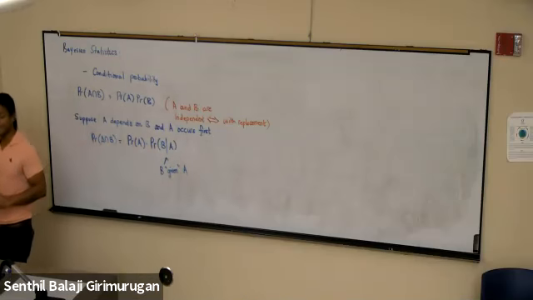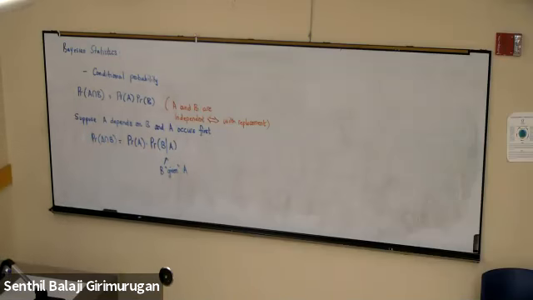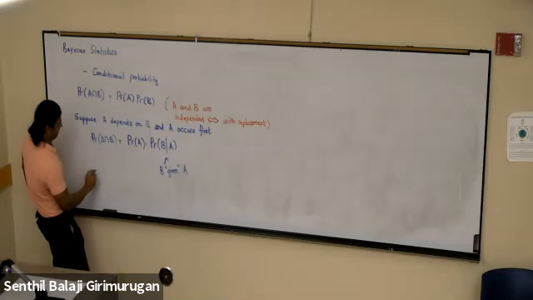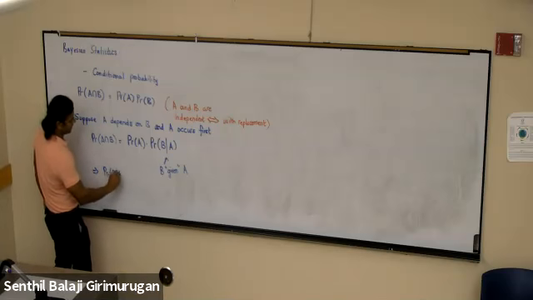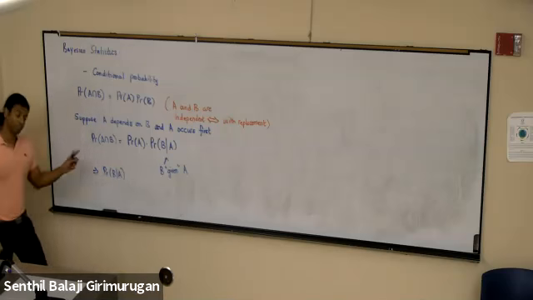And that is B given A. If I solve for B given A, or the probability of B given A, that would equal the probability of A intersect B divided by the probability of A.